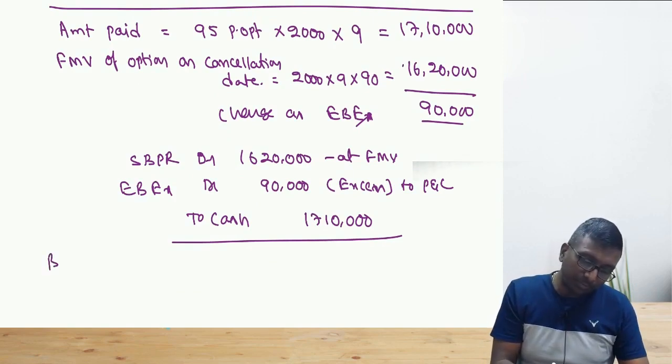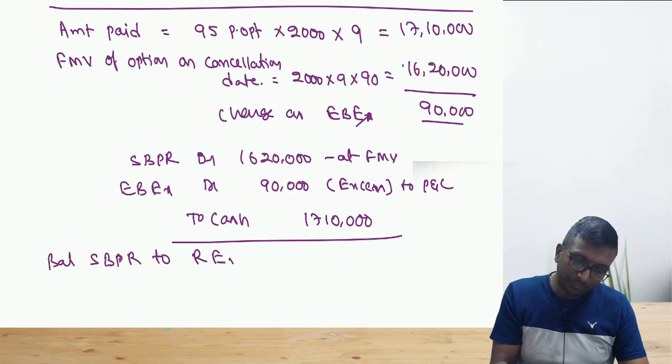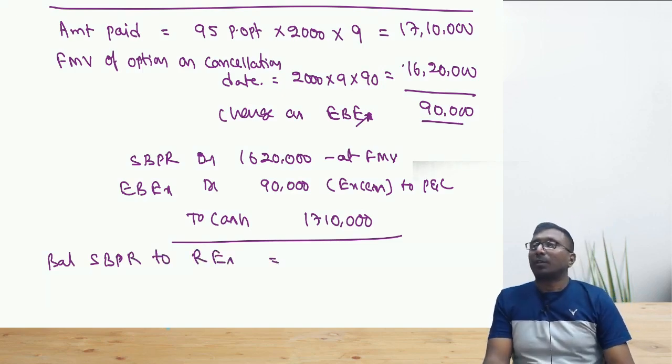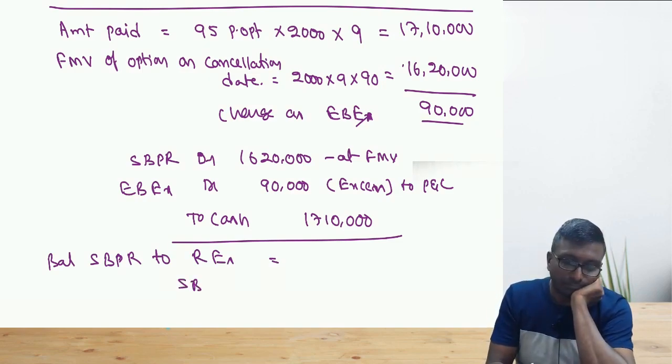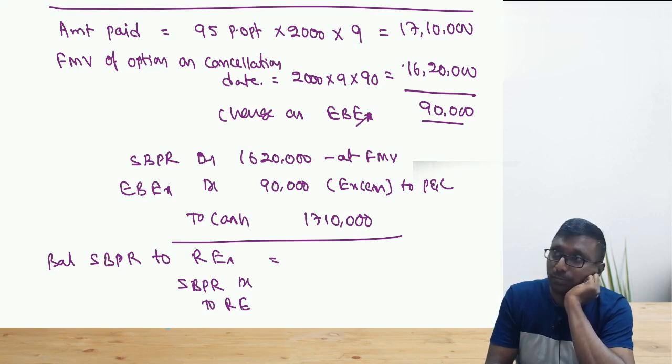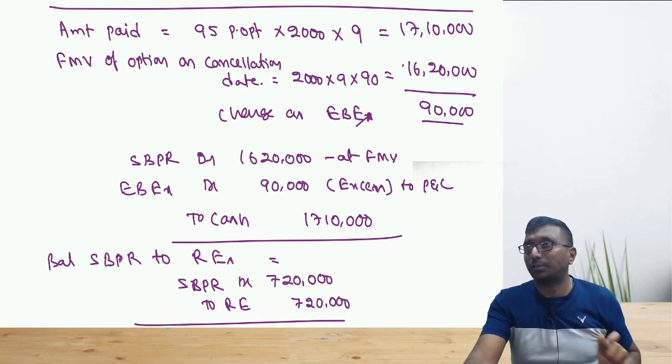Balance SBPR to retained earnings. How much does it come? Sorry, 7 lakh 90,720. That's it.